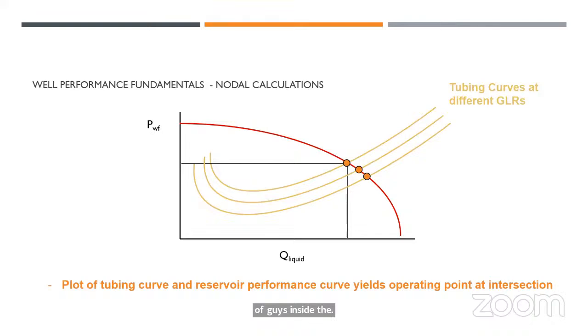That's why we need to understand the point at which the well will produce. It is the intersection point at which the inflow equals the outflow. This is the point at which the well will flow efficiently.